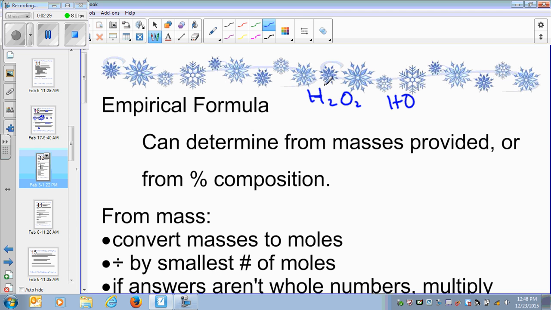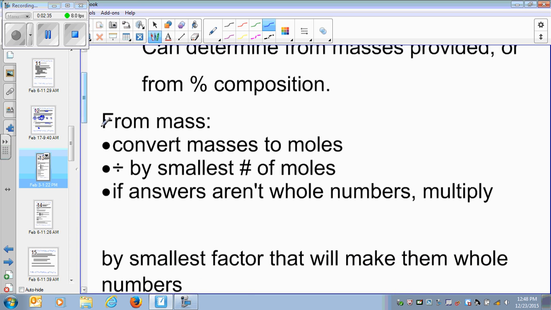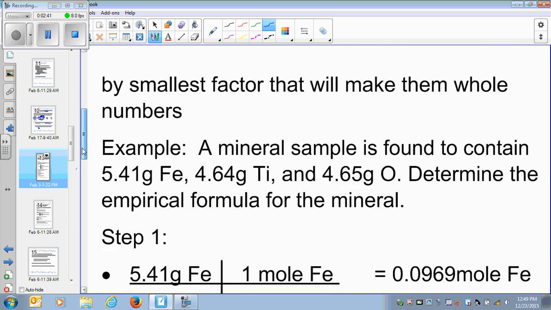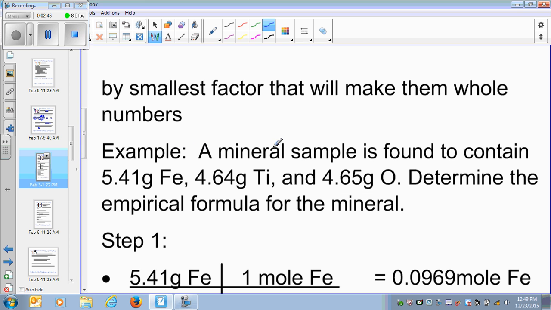But if the question does not give you any formulas at all, they give you percentages, then you are supposed to calculate the simplest ratio and the empirical formula. For example, a mineral sample is found. You have a compound that has 5.41 grams of iron and 4.64 grams of titanium and this many grams of oxygen. Determine the empirical formula.